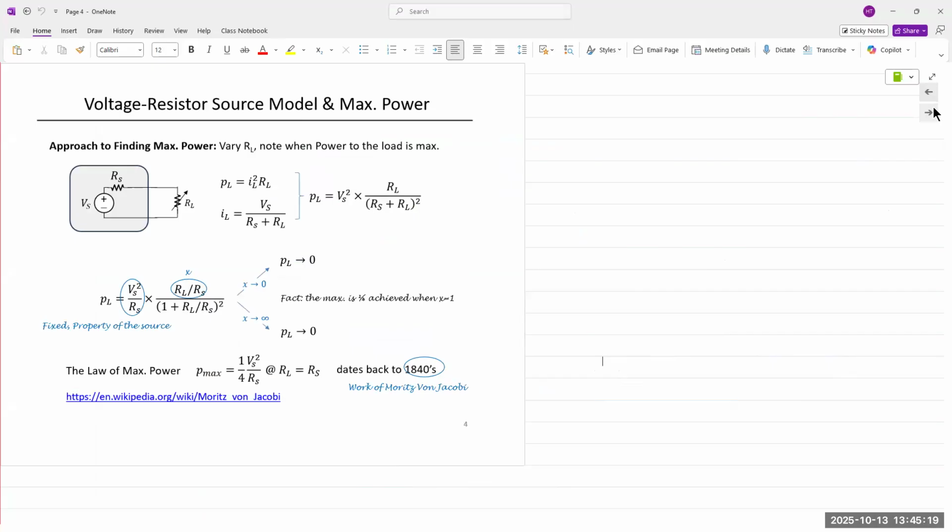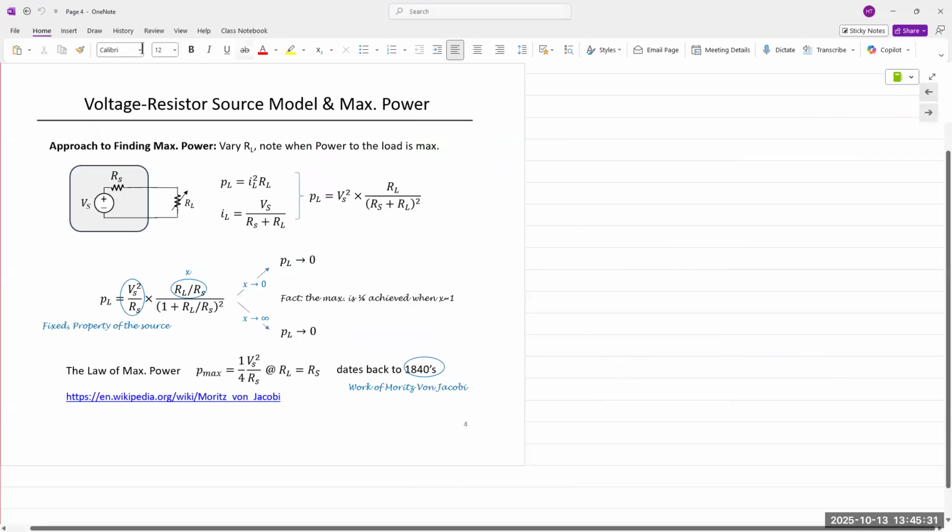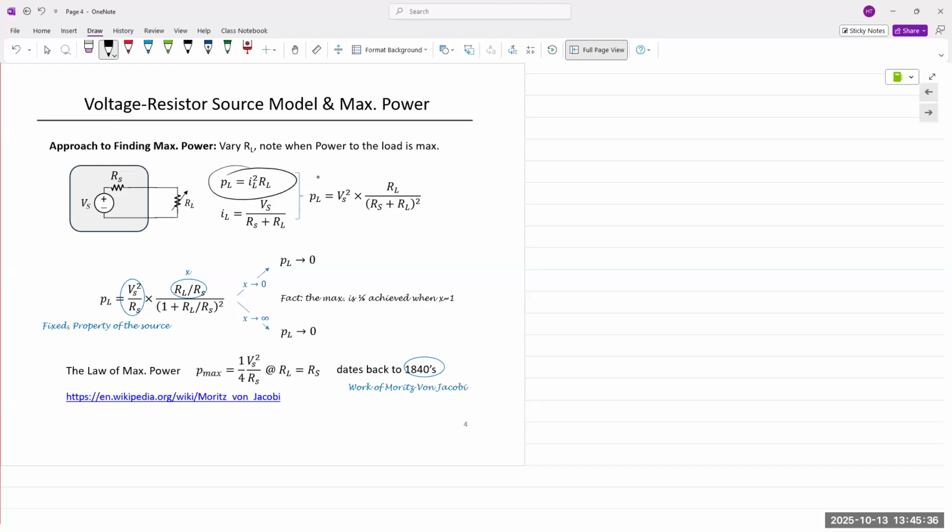All right. So the approach to finding max power is, if we have a source and we connect a load resistor to it, noted by RL, we can find power in RL. Power can be given as the current flowing through it, I squared times R, and IL is the total current that flows in the circuit, the voltage source divided by the two resistors, RS plus RL.